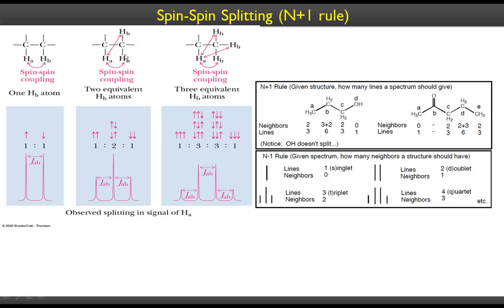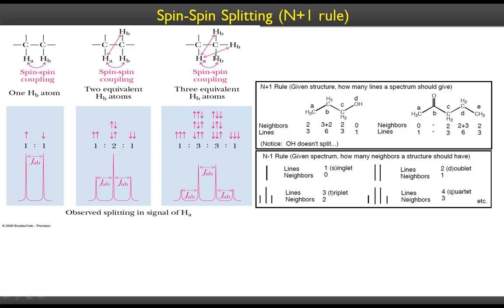These are chemically equivalent. If they are chemically non-equivalent, then the effect of this would be different than the effect of this on this one. Then you see a different type of splitting. Okay, so we'll talk about those in a minute.